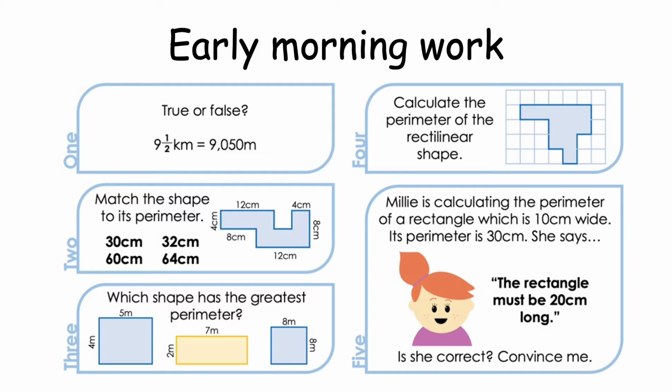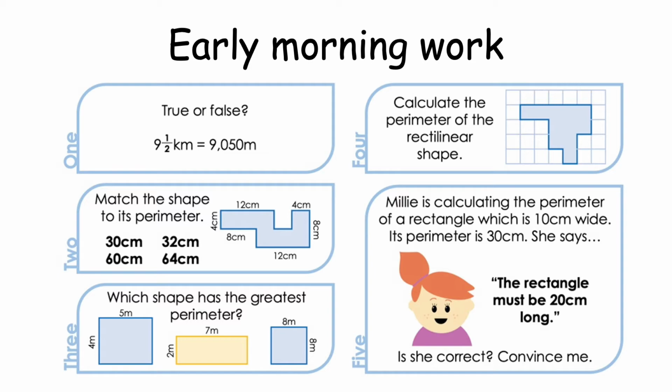Number 3, which shape has the greatest perimeter? So 4 meters and 5 meters is 9 meters multiplied by 2 is 18 meters. The yellow rectangle, you've got 7 meters and 2 meters, which is 9 meters multiplied by 2, and that's 18 meters as well.